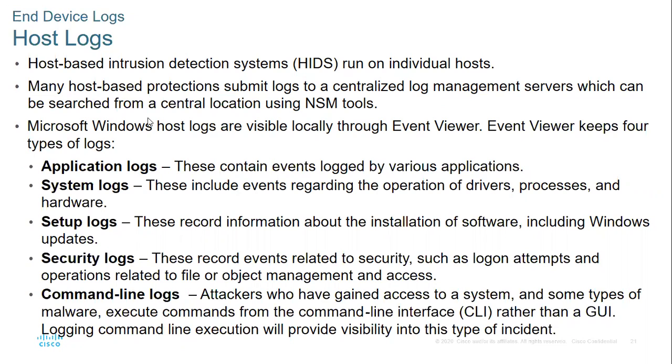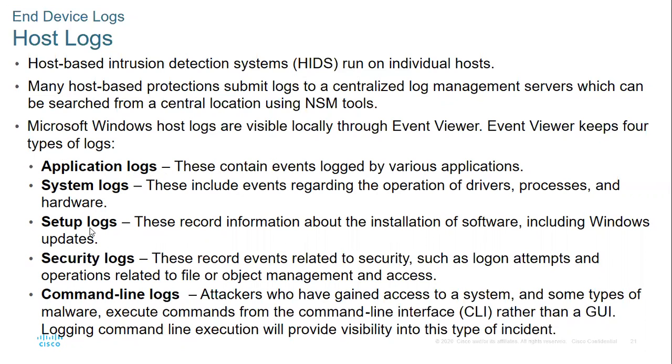Windows keeps these logs in what is known as the Event Viewer. And Windows keeps 4 types of logs. Application logs, these are the logs generated by different applications running on Windows. System logs, these are messages coming from the drivers, the processes, and hardware.